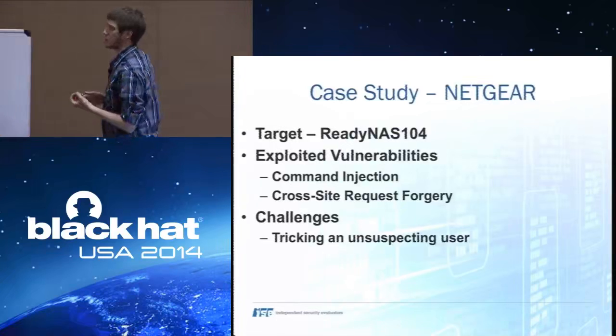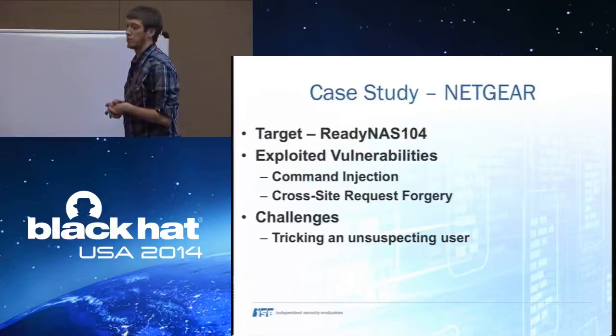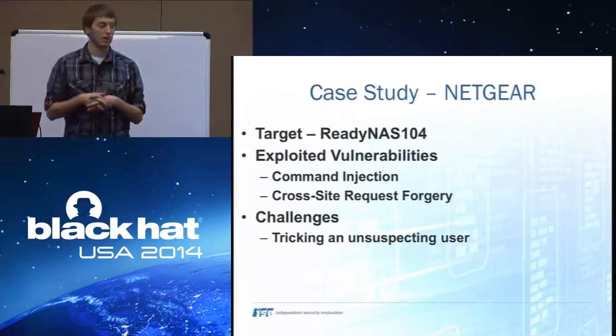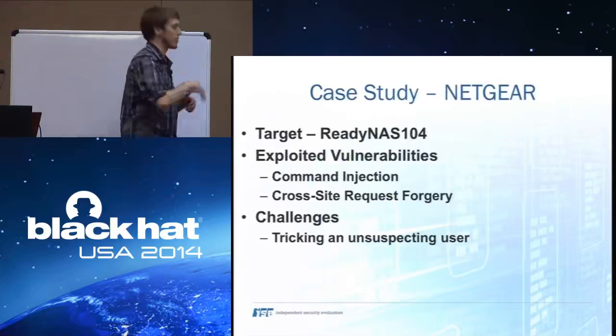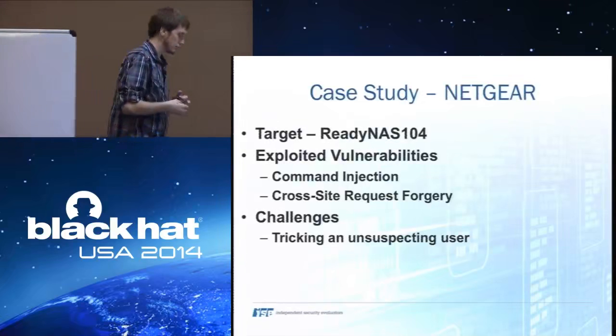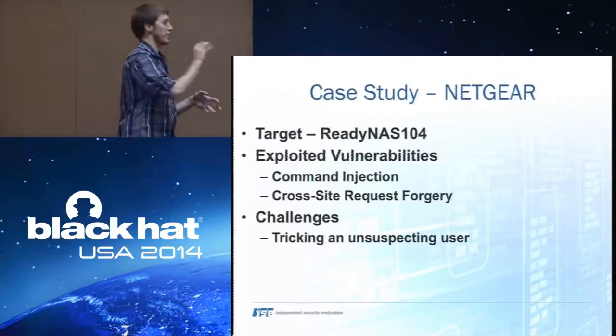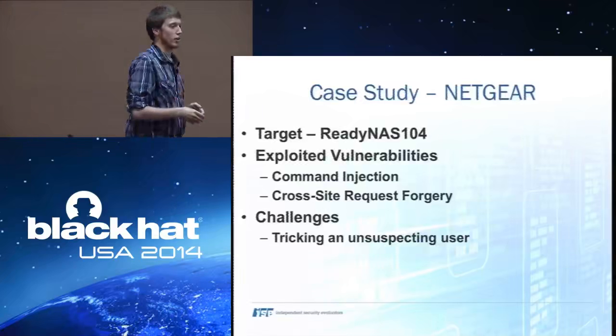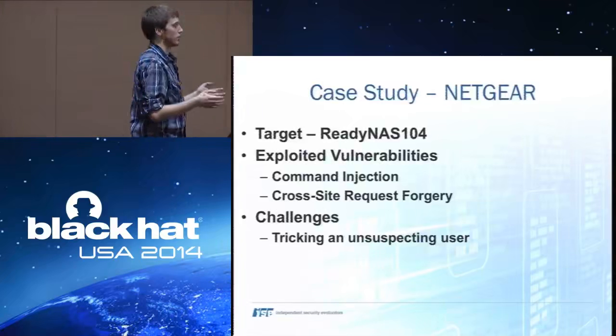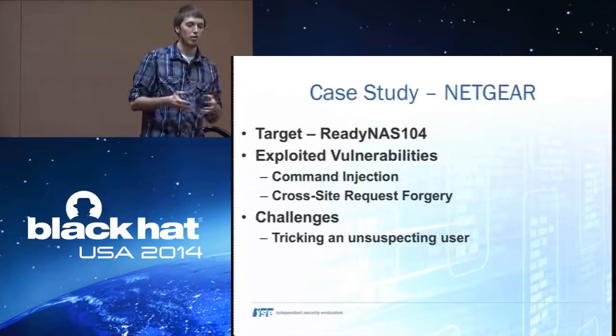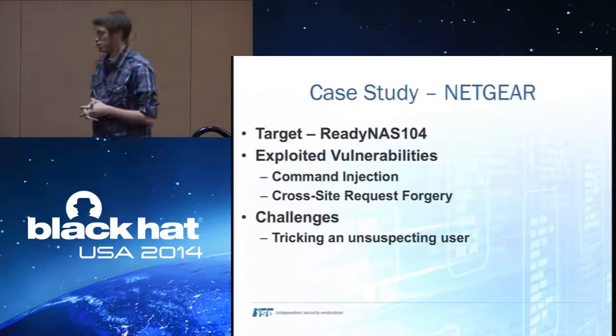Well, Netgear actually patched this vulnerability, but like the idiots that they are, no offense Netgear, if anybody works at Netgear in the audience, they basically fixed the one vulnerability, but they failed to audit the rest of their source code. And little did you know, there are a handful more command injection vulnerabilities. Ridiculous.